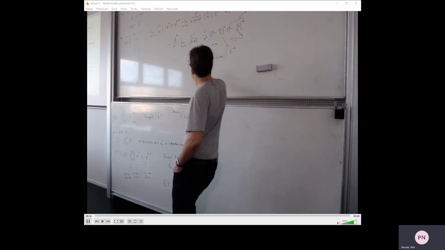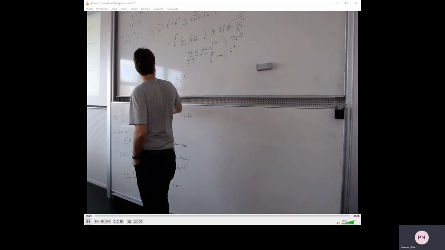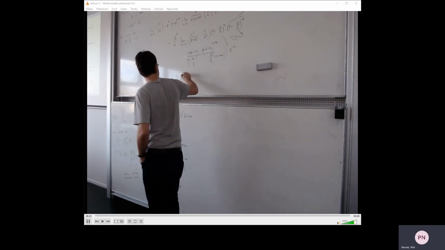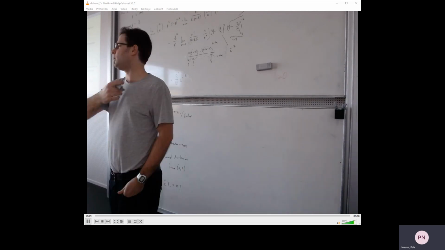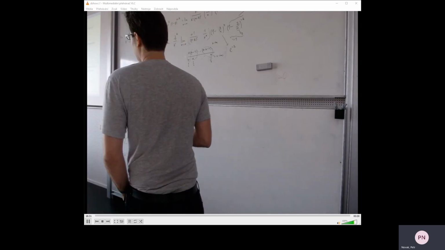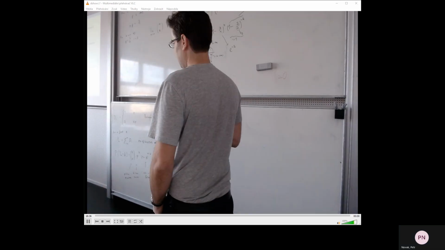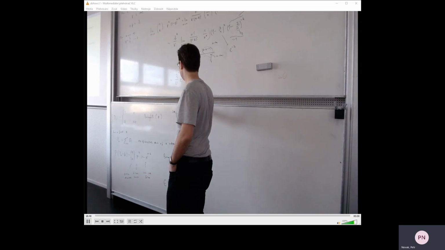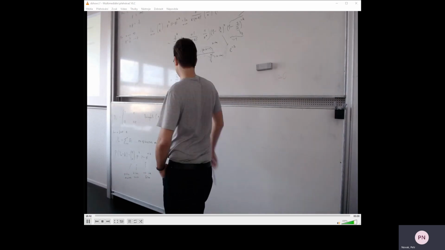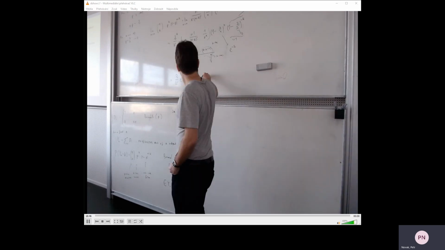So the limit is lambda to the power of k over k factorial times e to the power of minus lambda. And this is called the Poisson approximation. If you have a really large number of attempts, but a really small probability of success in each of them, you can approximate the probability that you will have exactly k successes by using this approach.